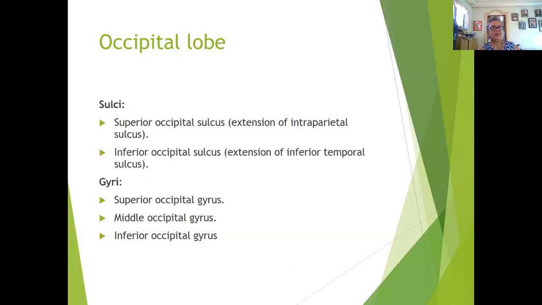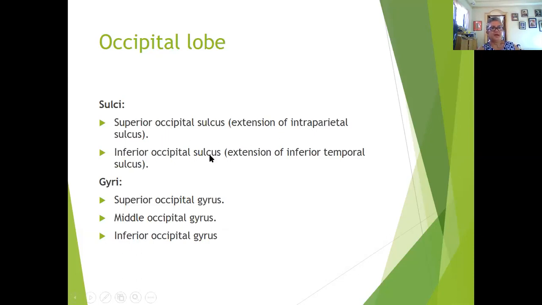The occipital lobe has two sulci, the superior and inferior occipital sulcus. You have to take note that the superior occipital sulcus is an extension of your intraparietal sulcus, which can be seen more on the medial surface.